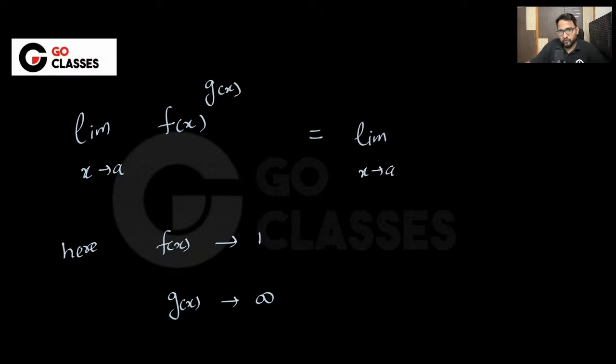It is just a rewritten form. Let me know. Okay, so we can write something like this, right? So basically, if this is going to 1 and this is going to infinity, then what we are going to do, e power that thing into this minus 1.